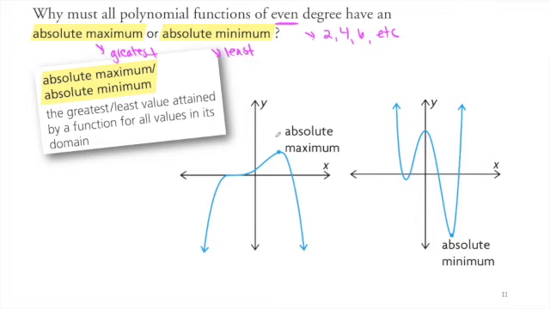So when you graph those, you are always going to get a value that is either a maximum or the minimum, the least value that your graph can reach. So that is why they have an absolute max or an absolute min, and all of them will. All polynomial functions with an even degree will have an absolute max or min. Okay, so don't get confused on that.